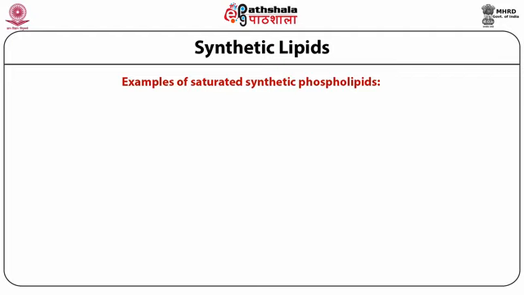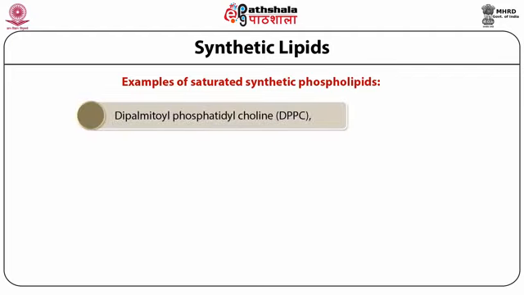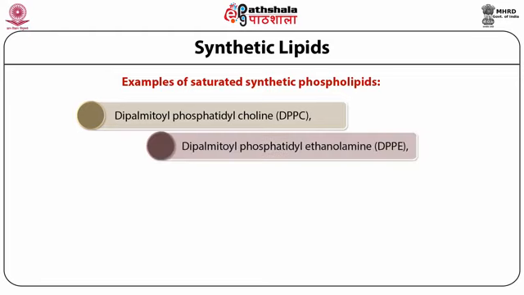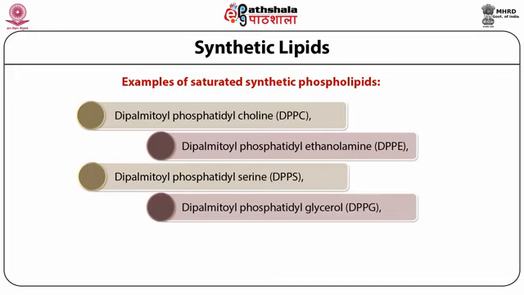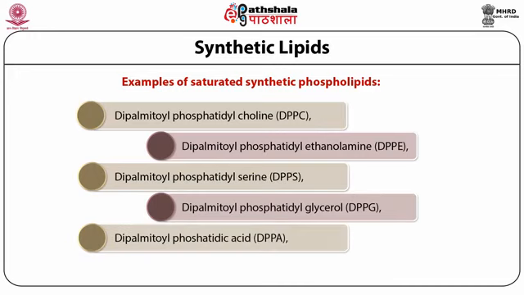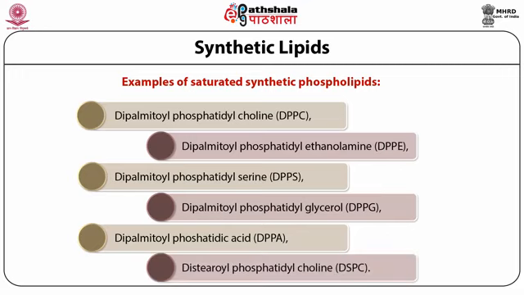Examples of saturated synthetic phospholipids are dipalmitoyl phosphatidylcholine DPPC, dipalmitoyl phosphatidylethanolamine DPPE, dipalmitoyl phosphatidylserine DPPS, dipalmitoyl phosphatidylglycerol DPPG, dipalmitoyl phosphatidic acid DPPA, and distearoyl phosphatidylcholine DSPC.